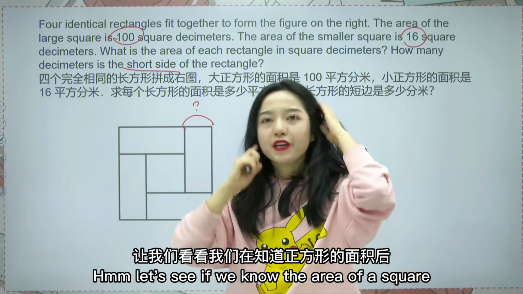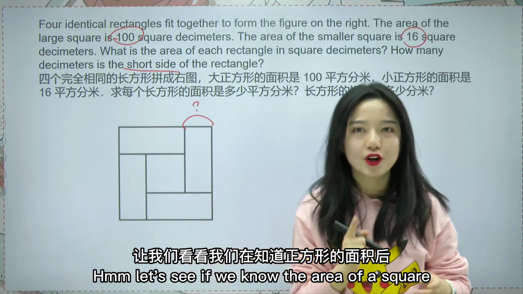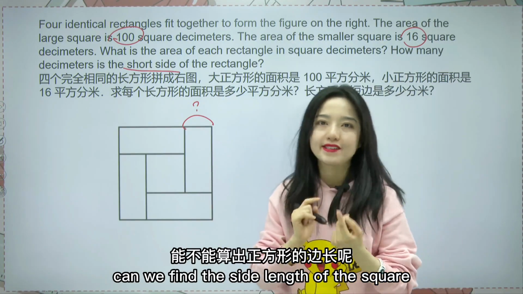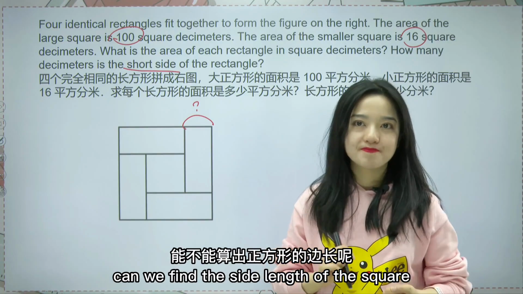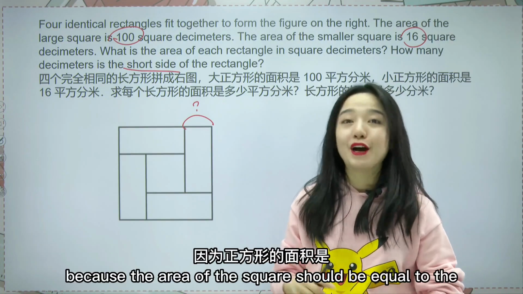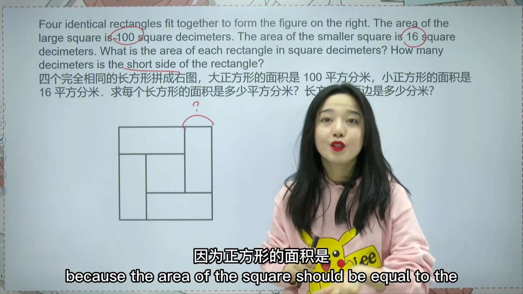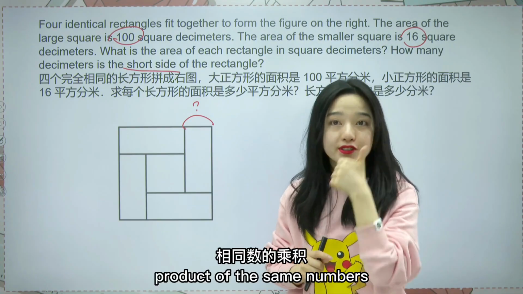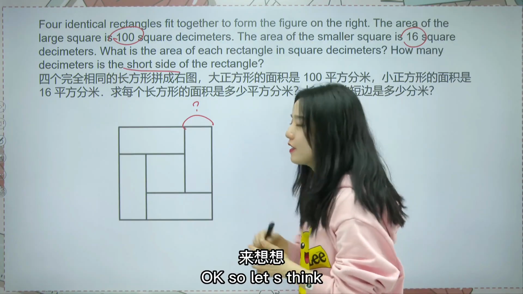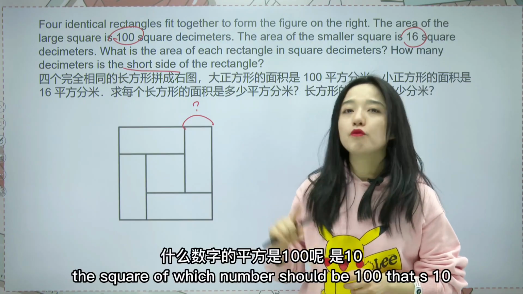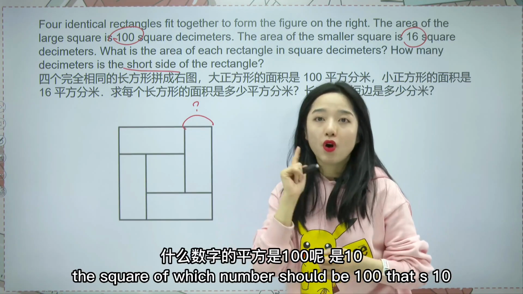Let's see, if we know the area of a square, can we find the side length of the square? Of course we can, because the area of a square is equal to the product of the same numbers. Let's think, the square of which number should be 100?